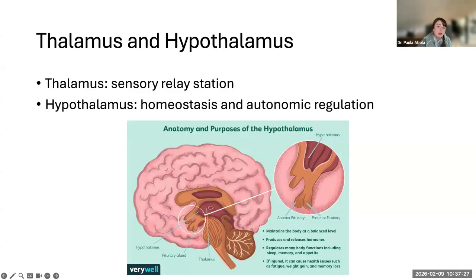Although it is small in size, the hypothalamus has a powerful influence on behavior, linking physiological states to motivation and emotion. Dysfunction in this region can lead to profound changes in appetite, sleep, stress responses, and hormonal balance. This demonstrates how biological regulation directly shapes behavior.